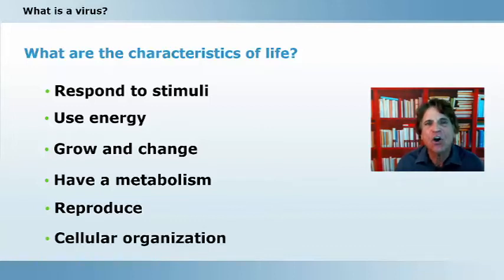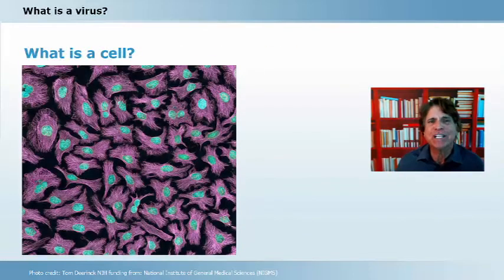And finally, all living things have what's called cellular organization. What do I mean by that? Well, we've got to look at the basic building block of all life, and that is a cell. Look at all these cells in this image. It's great. And you can see not only the cell bodies that are here, that are in purple, but also the control center.